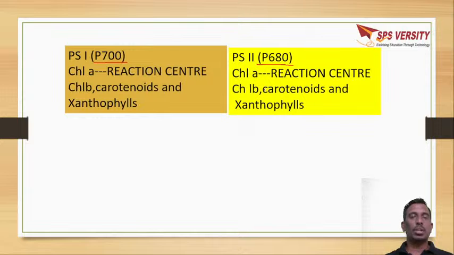The antennae receive the light and send it to the reaction center, where the further process, the excitation of chlorophyll, takes place. The reaction center of PS1 is P700 and that of PS2 is P680.